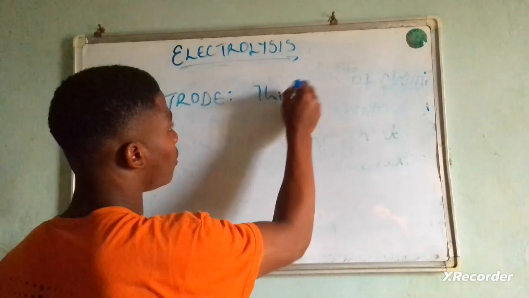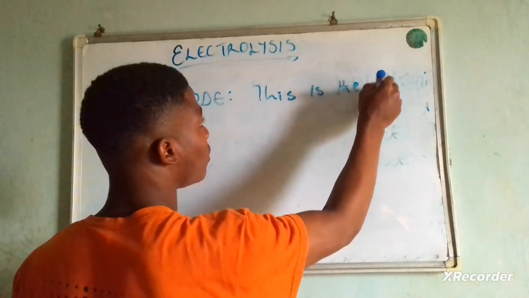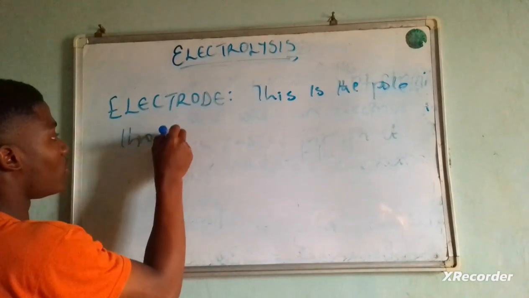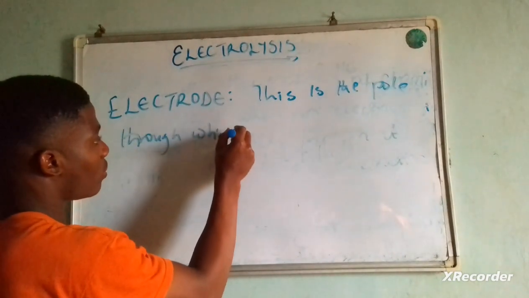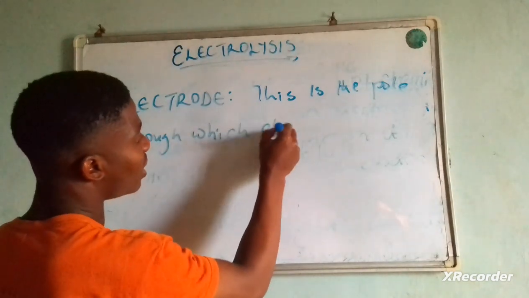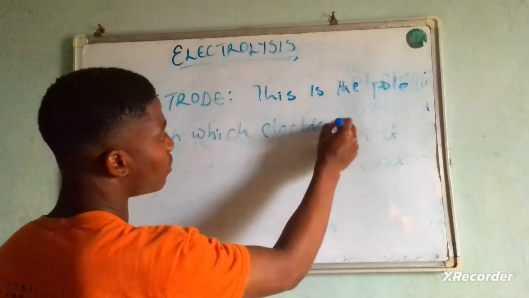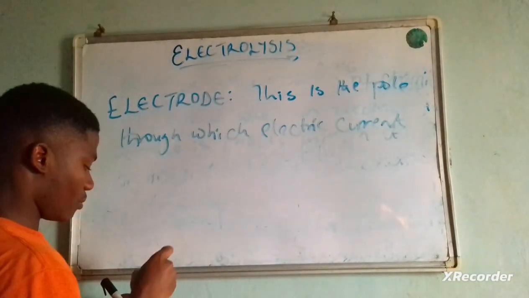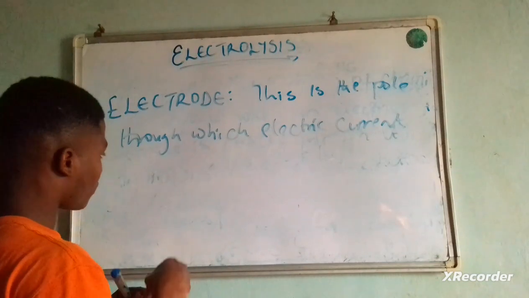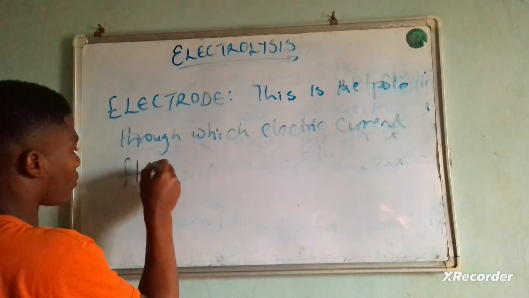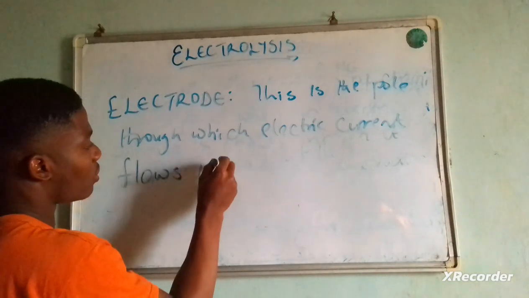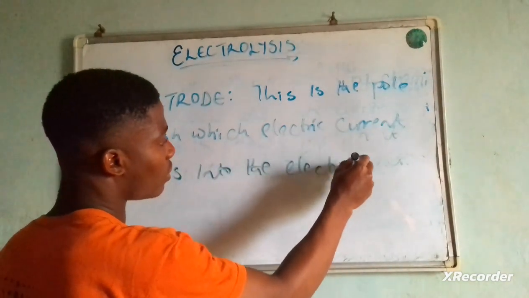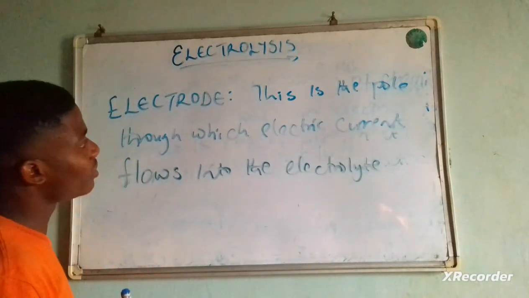This is the pole through which electric current flows into the electrolyte.